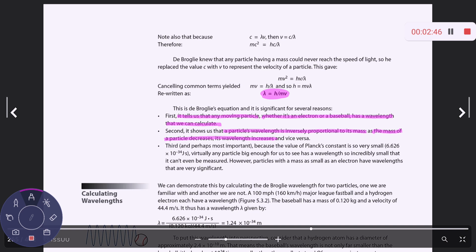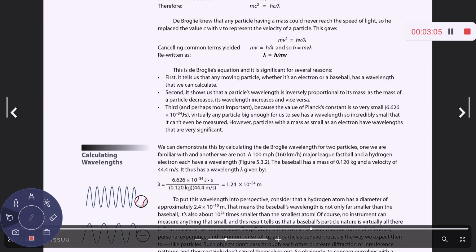Okay, so a mass as small as an electron will have a wavelength that is extremely significant. So I can't ignore the fact that electrons have wave-like properties, but I could ignore the fact that a baseball has wave-like properties because it's so large.